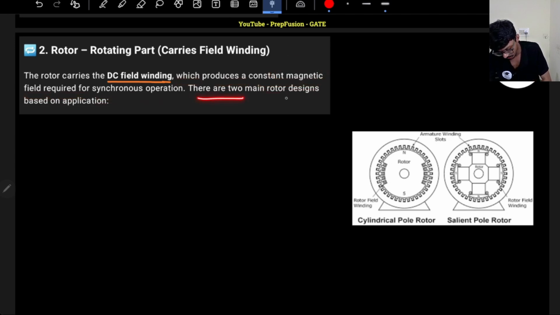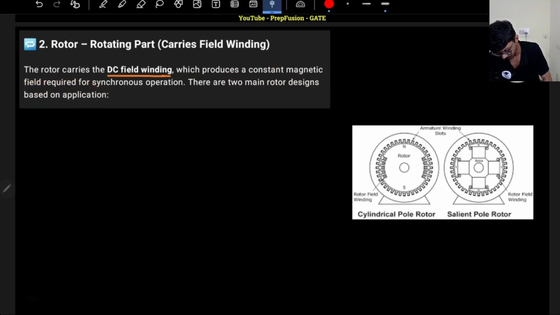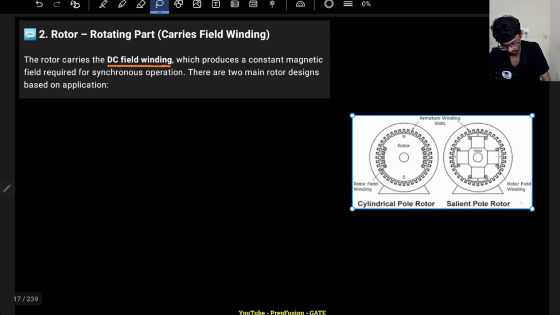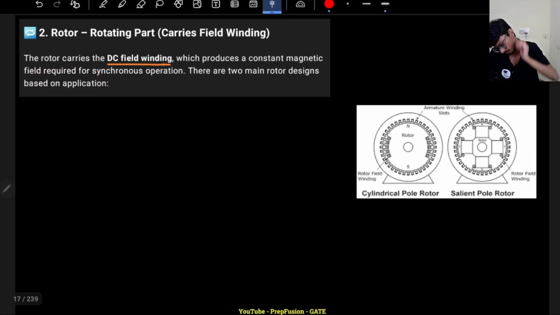There are two main rotor designs based on application. Basically there are two kinds of rotor: one is a cylindrical pole rotor, another one is a salient pole rotor.